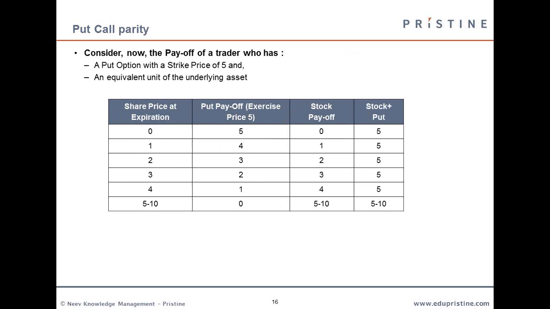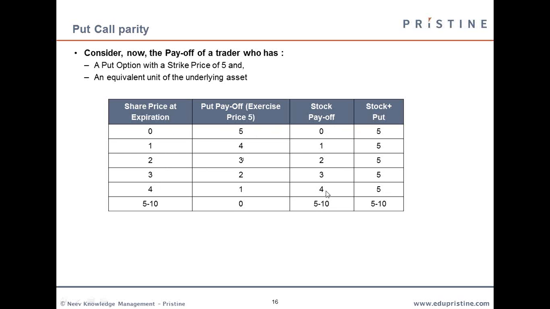Let's take another portfolio. This is another trader who has a portfolio as shown. What he does is, he has a put option with a strike price of 5 and underlying asset, 1 share of stock, the same stock on which he has a put option. So here, the put will pay him if the share price is less than 5, as we discussed.